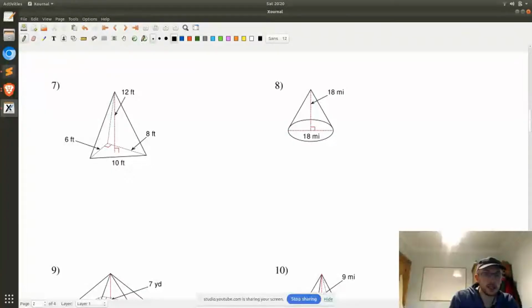So 48, half that, you get 24. 24 has to be multiplied by 12, but then divided by 3. So you may as well multiply 24 by 4. So you get 96 cubic feet.